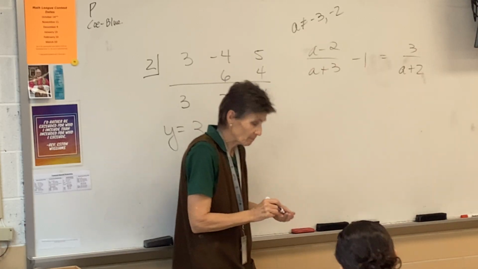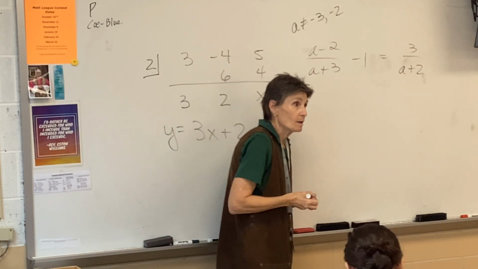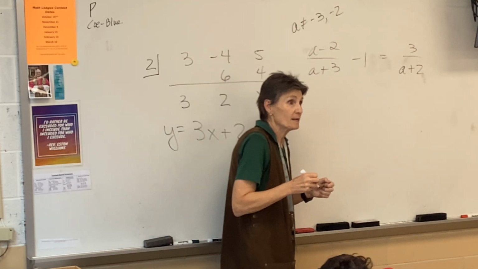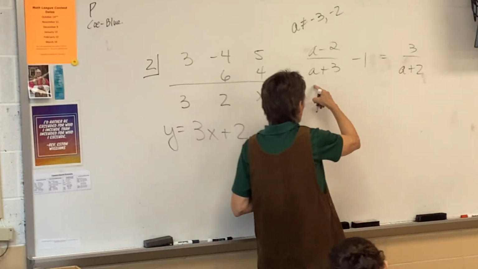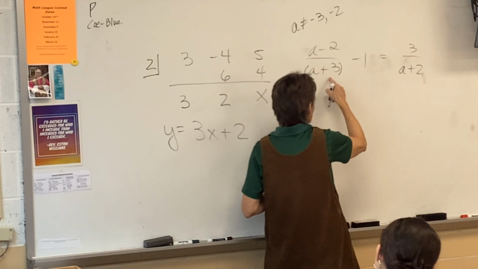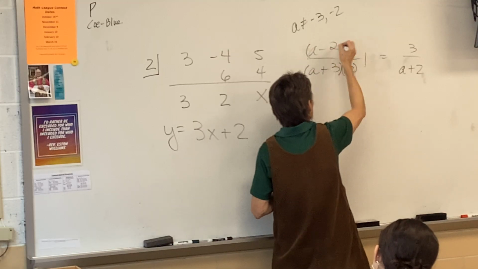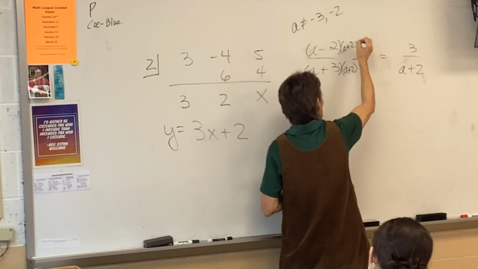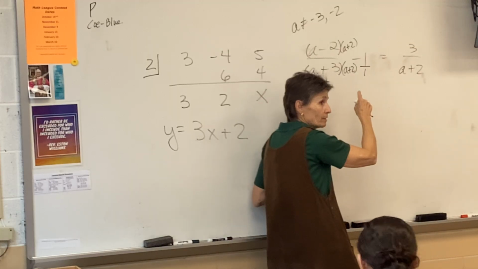How do we do this? Make all the denominators the same. So they're all going to have to have an a plus 3 and an a plus 2. Now be careful, this 1 is a fraction.